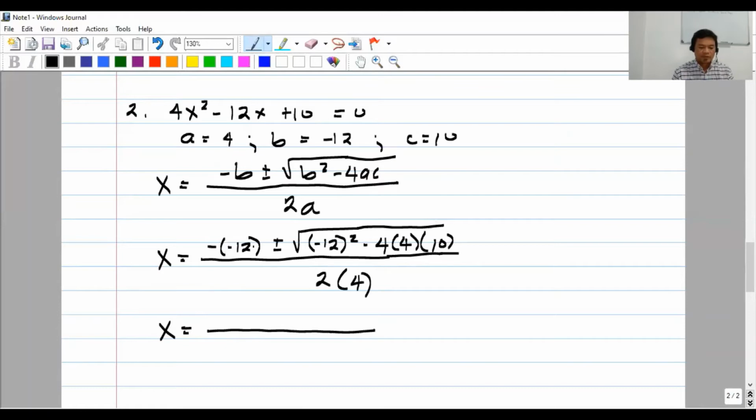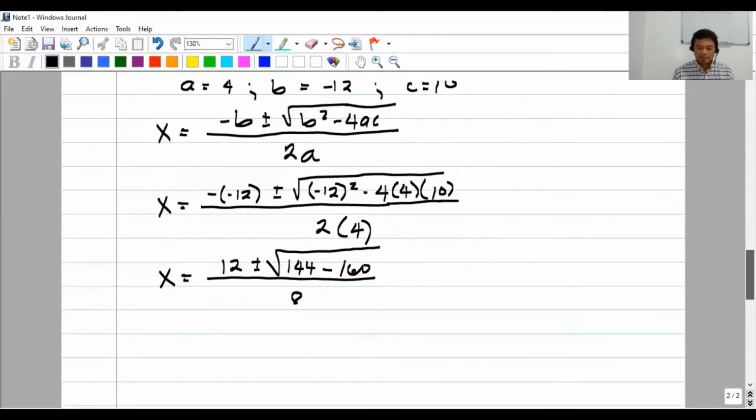And we have here negative of the negative 12 is positive 12 plus minus the square root of negative 12 squared is 144 minus 4 times 4 is 16 times 10 is 160 over 8.